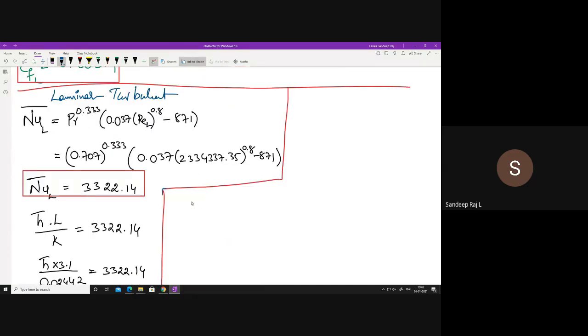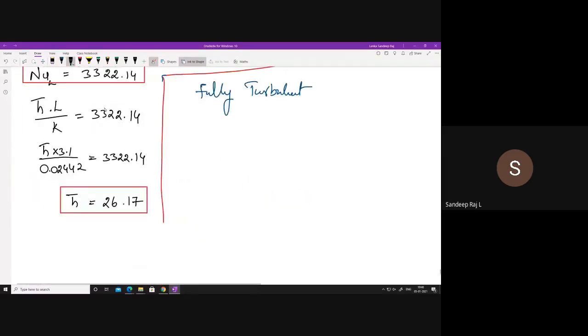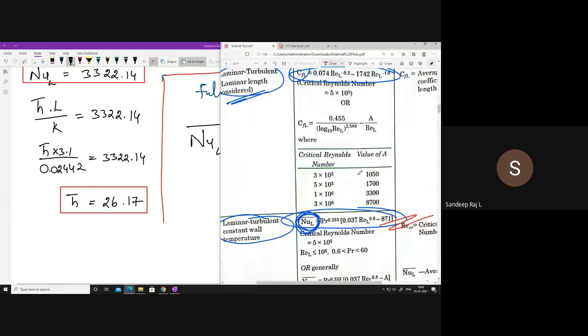So now you have to do it for fully turbulent. If it is fully turbulent, what is the formula for Nu bar? You go to the fully turbulent formulas.